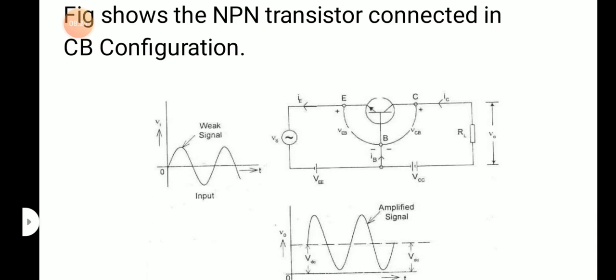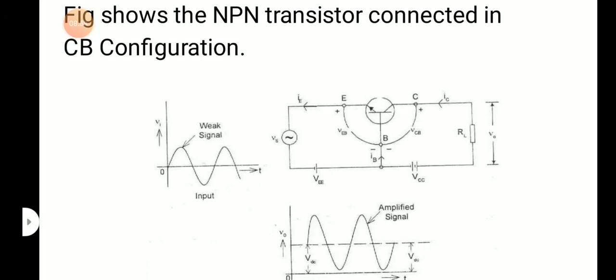Second, the active region, that is the active biasing: the emitter junction is forward biased and the collector junction is reverse biased. In active biasing, the amount of free charge carriers increases at the collector, so it is used for the amplification purpose.